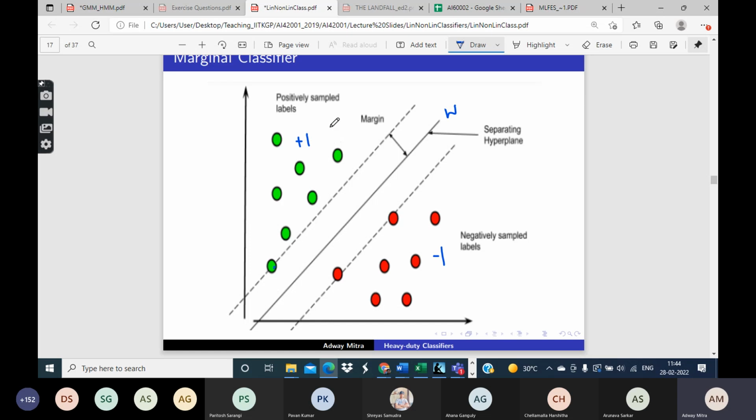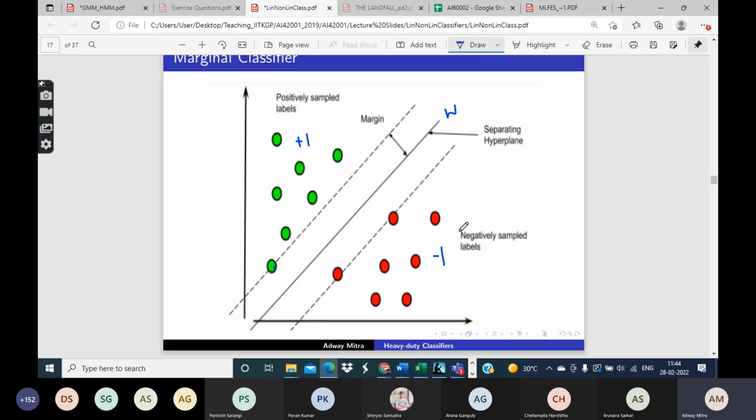This one is a marginal classifier. If you draw a line like this, that will also be a marginal classifier, and it may be possible to find other marginal classifiers also. But as of now, given a W, we will consider only those lines which are parallel to W.